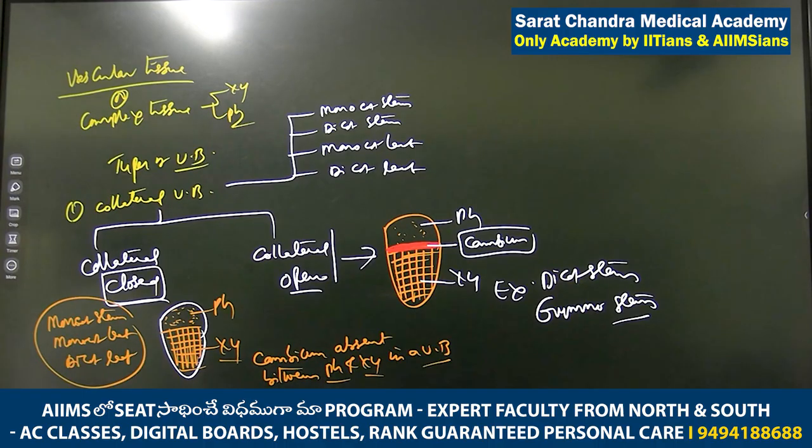Vascular cambium. Interfascicular cambium. It is not inter. It is a primary meristem, not inter. Inter is a secondary meristem. This is already present in the vascular bundle.